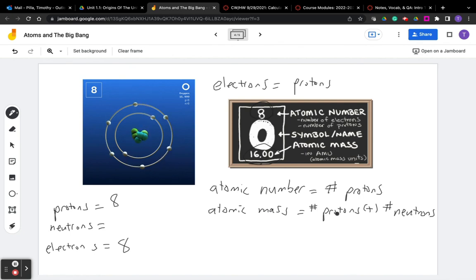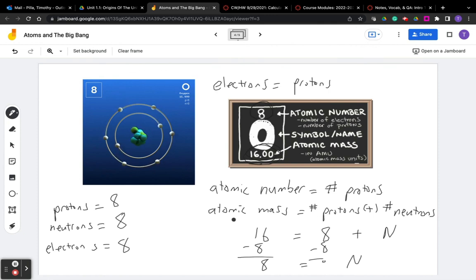If the atomic mass is the number of protons, which you know is 8, plus the number of neutrons, which we don't know, let's just call that n, and it tells us that it's 16, then we can figure this out. 8 plus what equals 16, right? Subtract 8 from both sides. You get n equals 8. So there's 8 neutrons.